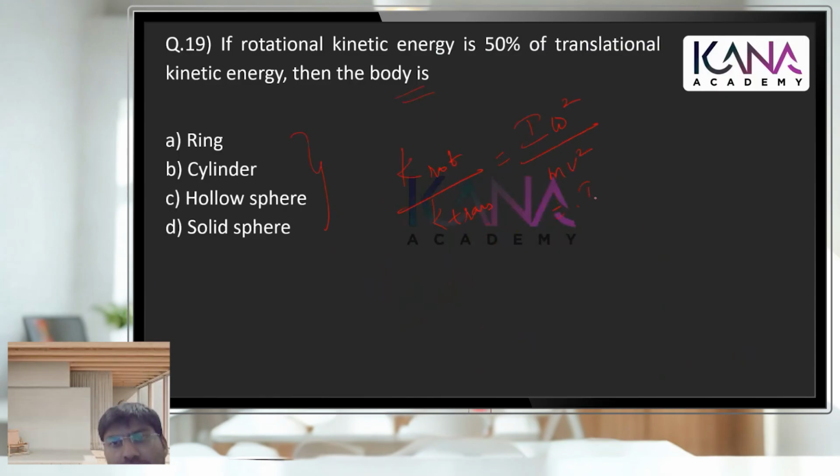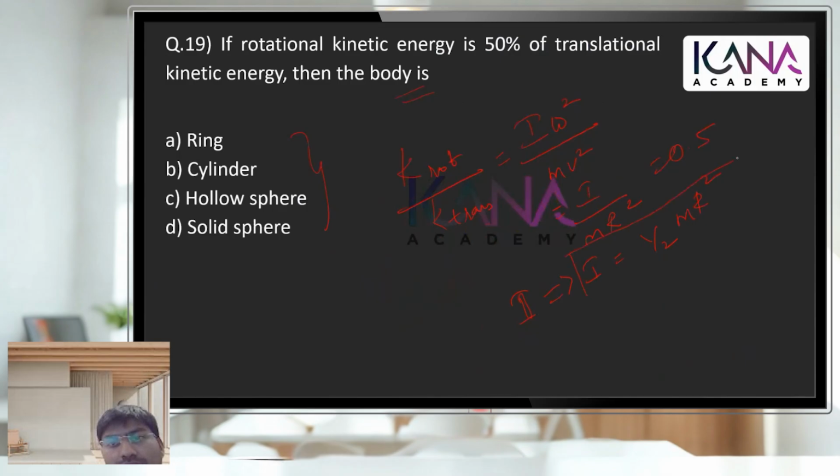So this will be I by m r square. They have already given this ratio as 0.5. So I by m r square is equal to 0.5. This implies I is equal to 1 by 2 times m r square.